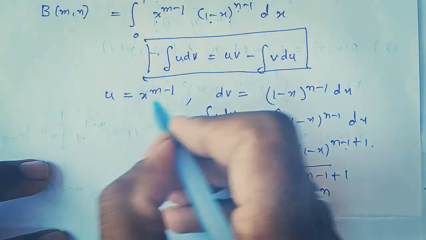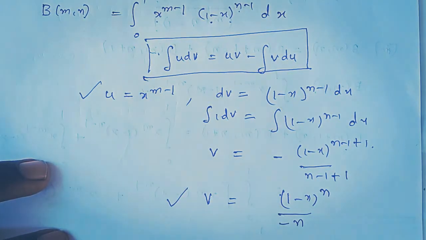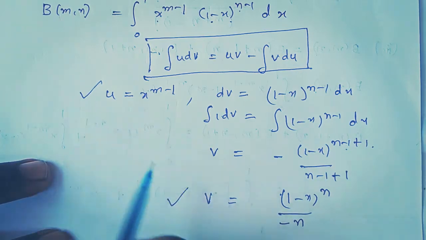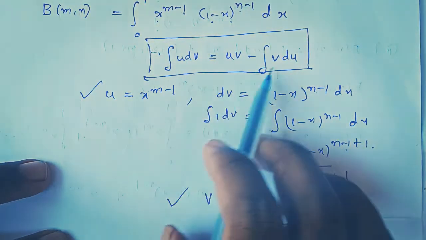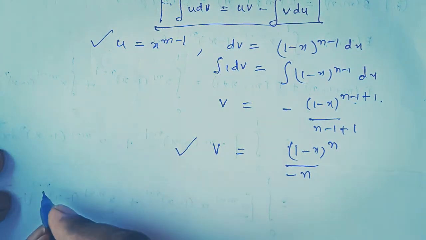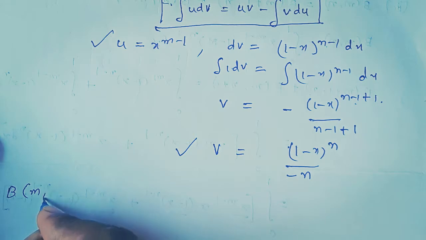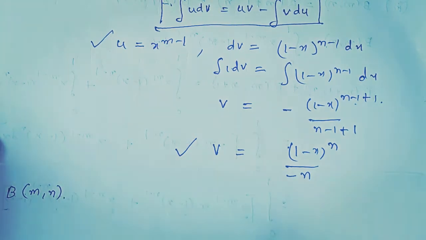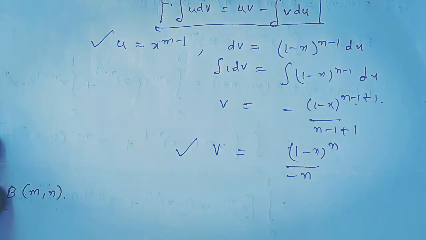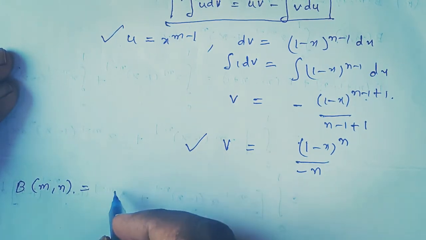Therefore it is u, it is v. Okay, let us substitute these two values in the integration by parts formula. Then we get B of m, n is equal to, first uv.